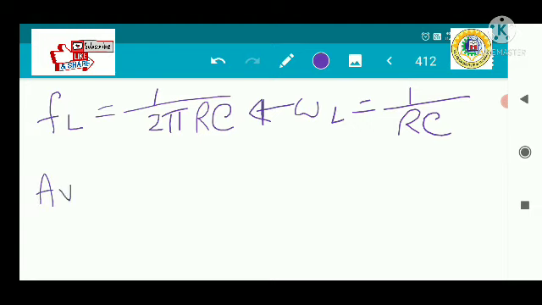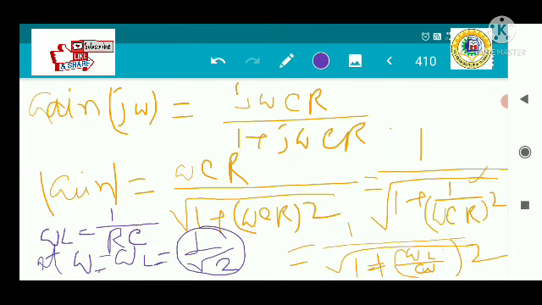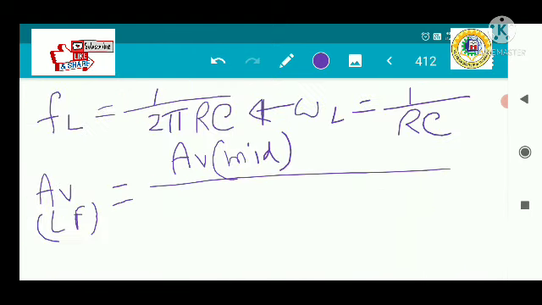And the overall voltage gain at the mid frequency is the midband gain. So the midband gain is highest. I have already said that at the highest frequency we get the midband gain. If you compare with the transistor, what will be your case? Previously here the gain is 1 divided by 1 plus omega L divided by omega, whole square, where 1 is the maximum gain.